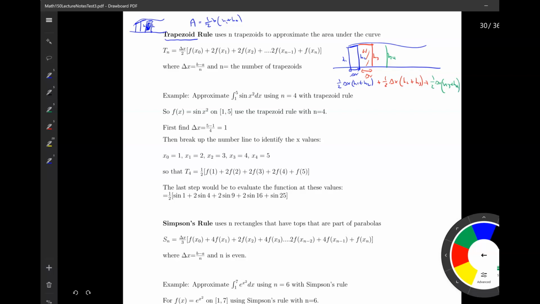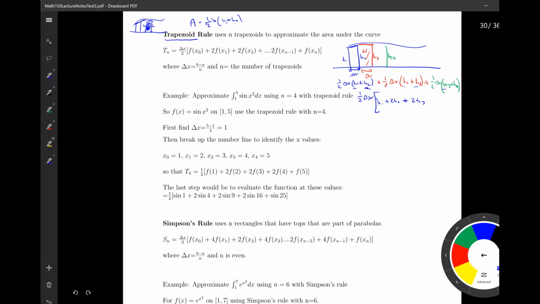Okay, so just even looking here to see what I've got, I can see that I could pull out the 1/2 delta x out of every single one of them, right? I'd have one of these h1s, and then look at this, I would have two h2s, and then two h3s.